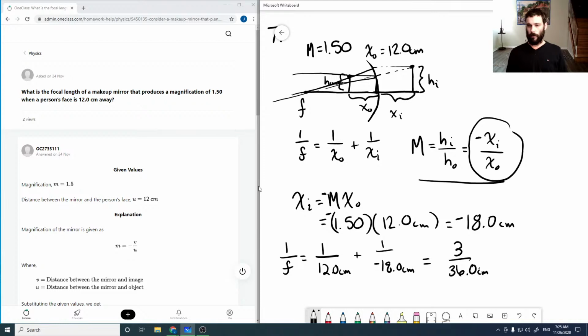I guess I can drop the centimeters here, or actually inverse centimeters. Yeah, I should have done that. All right, I'll leave the centimeters on the bottom. Minus 2 over 36 centimeters. So 3 minus 2 is 1, so that's pretty easy.